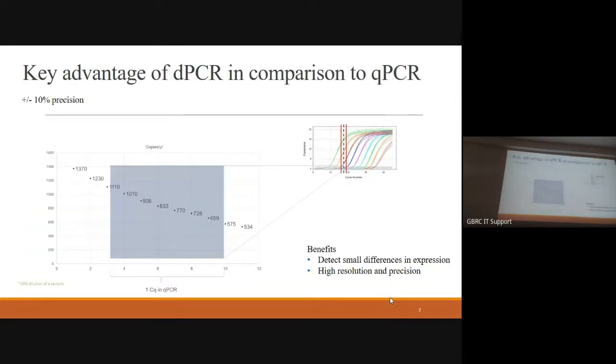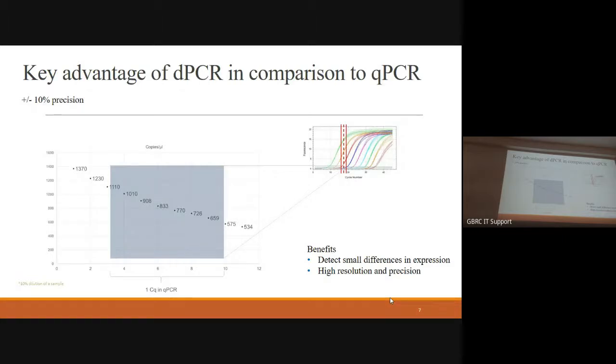As I said, here you can detect a small difference in your gene expression as well as in the copy detection. Suppose you talk about the standard curve performed by real-time PCR: you have one cycle, one CT change, so you have the fold change. In real-time PCR, suppose you have a 3.3 CT difference, you have a 10-fold change.